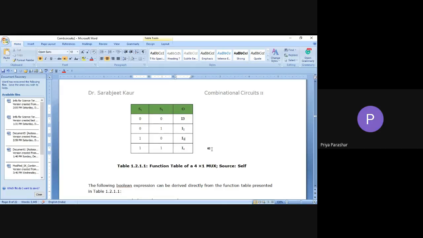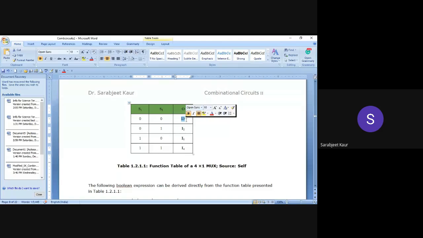Right? So basically, there is no hard and fast rule which says that, for the 0 0 combination, I must select I1 only and not I3 or I4 or I2.